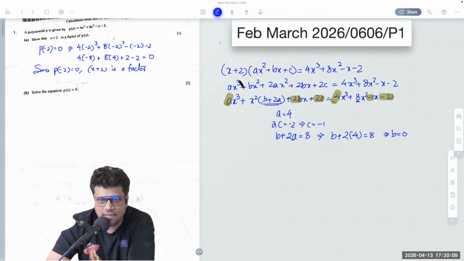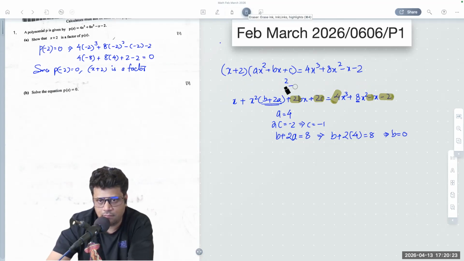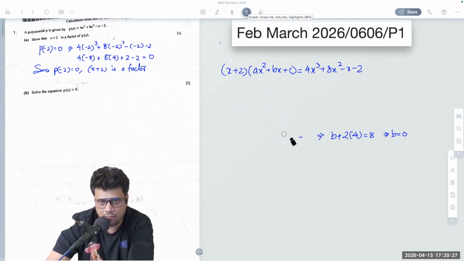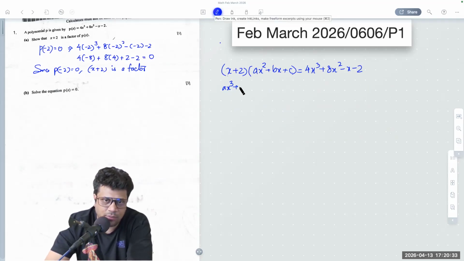Have I made a mistake somewhere? Let's see. ax cubed, bx squared plus cx. Okay, let's do it again. So x multiplies with all of them. You've got ax cubed plus bx squared plus cx.